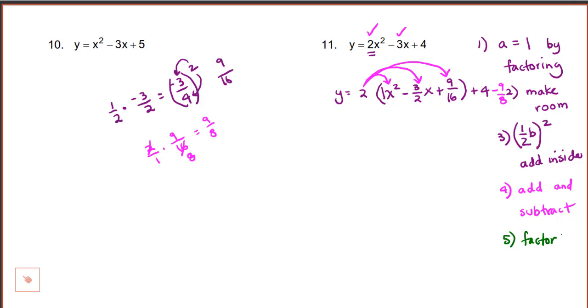So I keep the y, I keep the equals, I keep the 2. And I'll show both of these now, but after a while I shouldn't have to. How do I make x squared? X and x. How do I make 9 over 16? It's easy. 3 over 4 times 3 over 4.